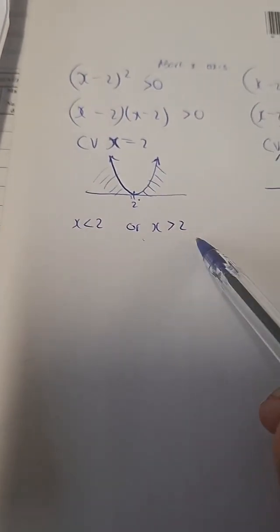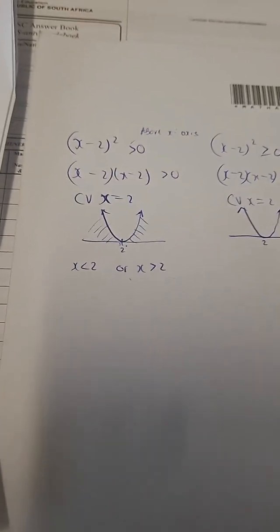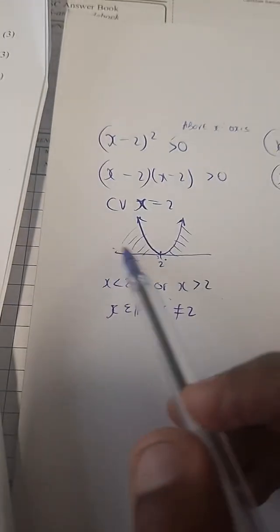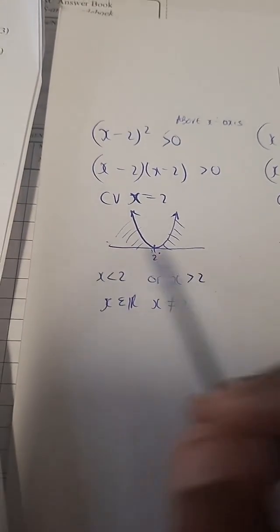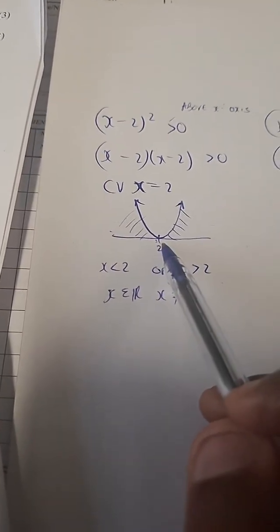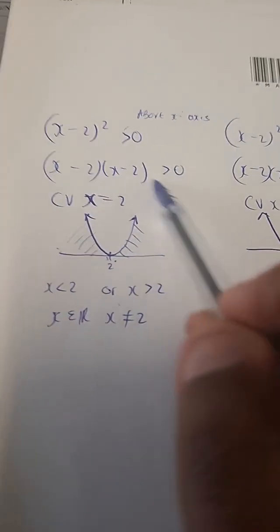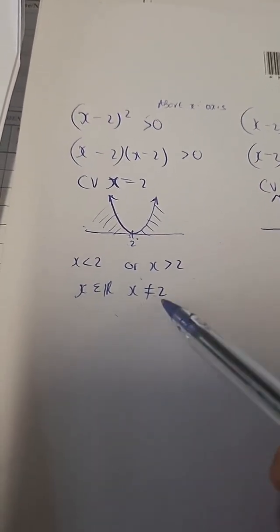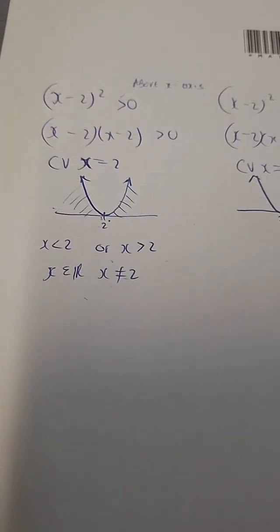You could write your answer this way. X is less than 2 or x is greater than 2. That's where the function is above the x-axis. Or someone else could say x is an element of real numbers, but x cannot be 2. In other words, x can be any real number from left to right, but there's only one exception. Because we are looking at above the x-axis and not on the x-axis, I'm just going to exclude the value of 2.